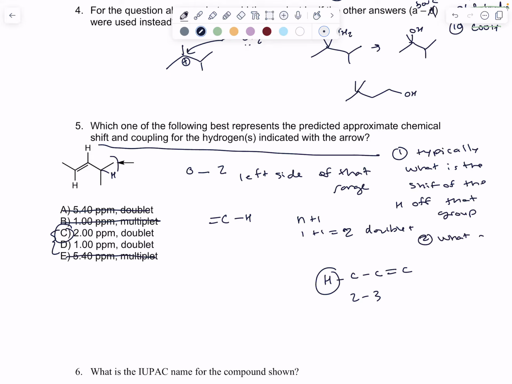Is there something that is going to shift it left or right, further away from its direct environment? What about the rest of the environment? That's why I said, okay, typically this is going to be from the 0 to 2 range, but because it's near this carbon-carbon double bond, I think that's going to shift it up, and I think it would be closer to the left side of that range.